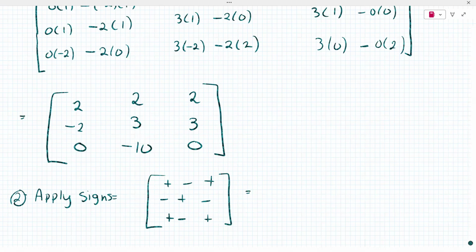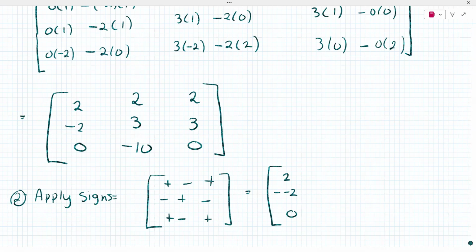So this 2 is still positive 2, according to the sign. This -2, you have to put an extra minus, so that's going to be -2. The 0 stays there, positive 0.